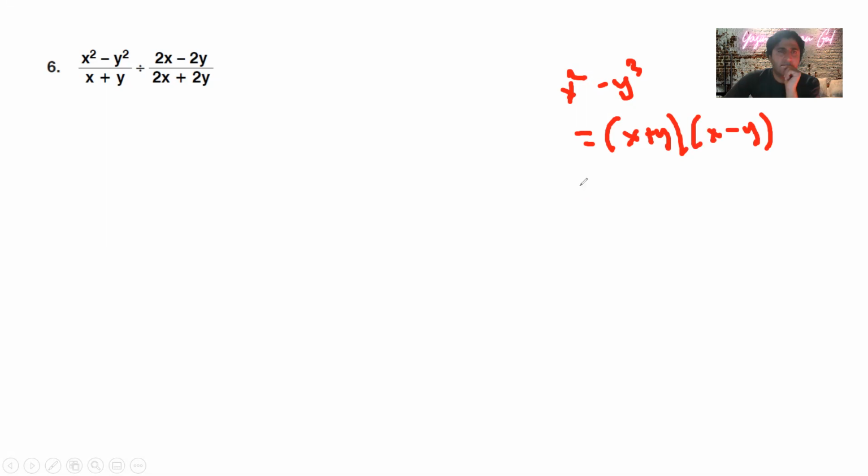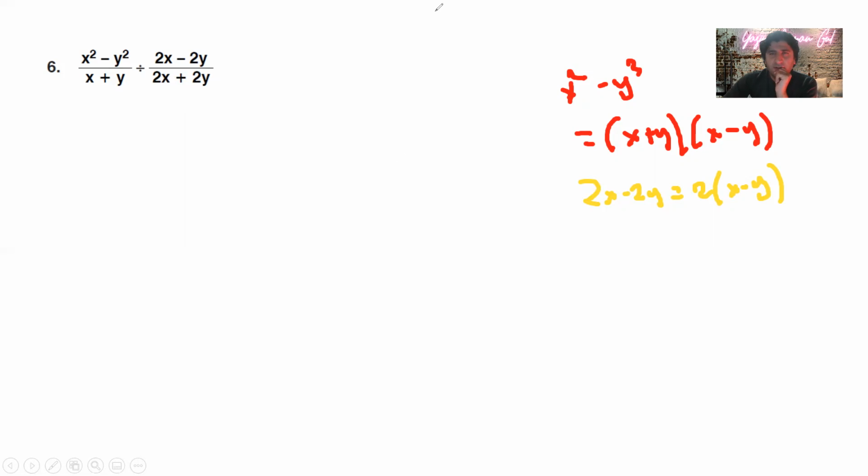Then here I have 2x minus 2y, let me write it with another color, 2x minus 2y, that equals 2 times x minus y. I have the same thing at the bottom. I'm sorry, it's not the same thing, I'm going to write that as well.